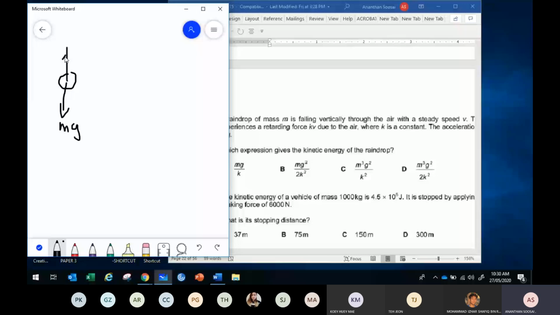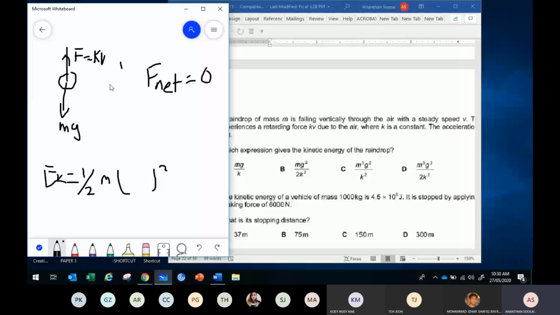But it's moving down with constant velocity. Therefore, the net force must be 0. But we are looking for kinetic energy. Kinetic energy is what? Half mv squared. We need to replace v. We don't know the v. We need to replace in terms of k. So we need to find the v first. How to find v? From the net force.